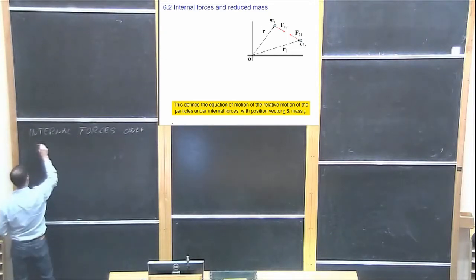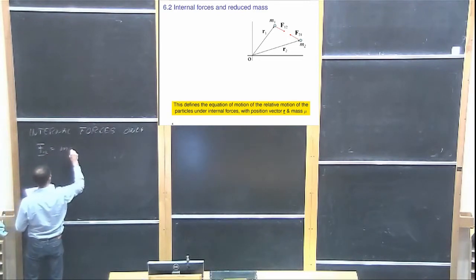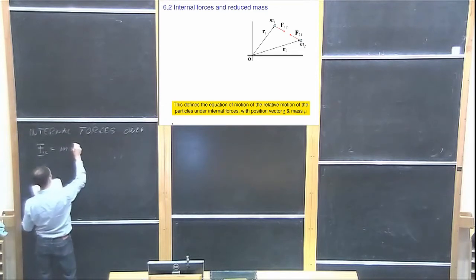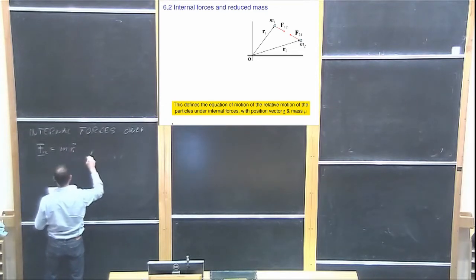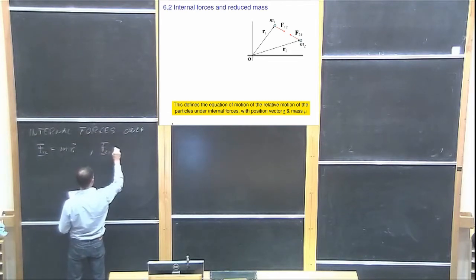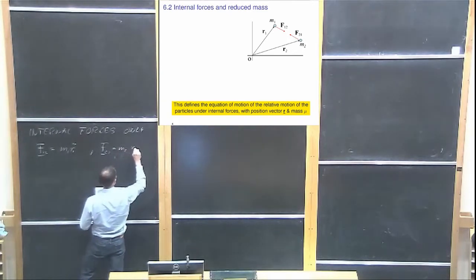So if we write those down, we've got internal forces only. F12 equals m1 r1 double dot, sorry, it should be acceleration, otherwise we are doing something wrong. And the other one, F21, the force on the second particle, is m2 r2 double dot.